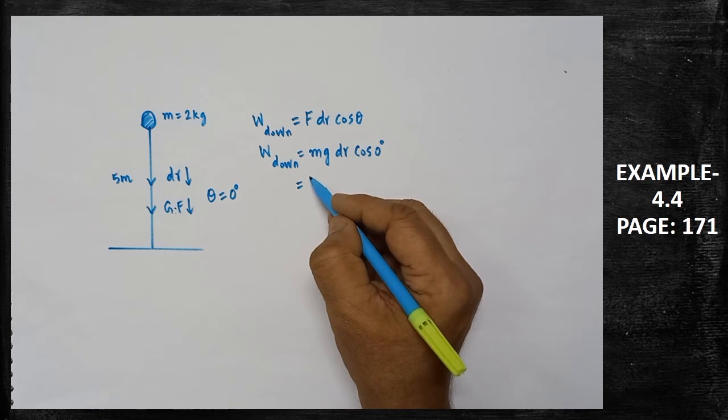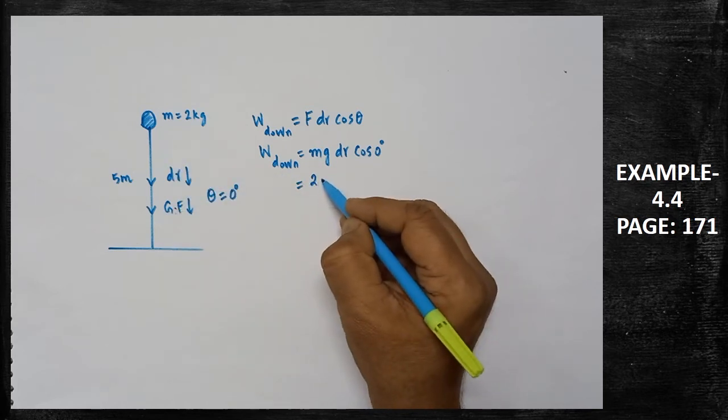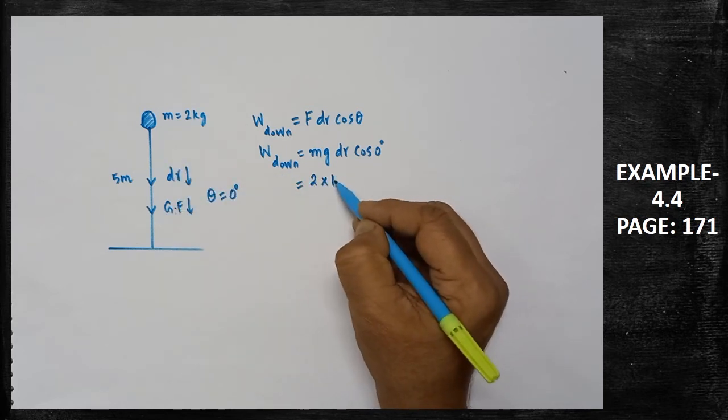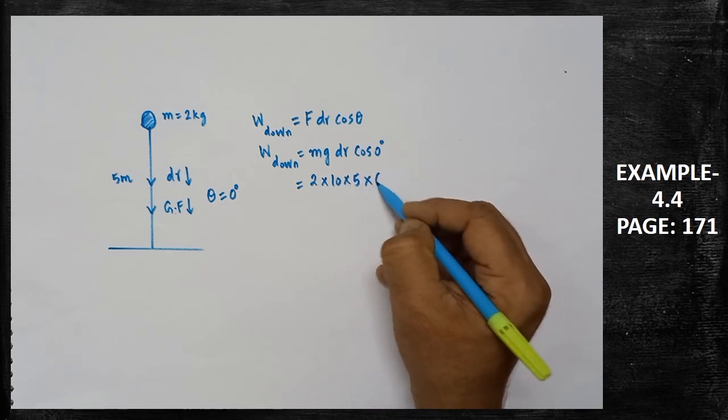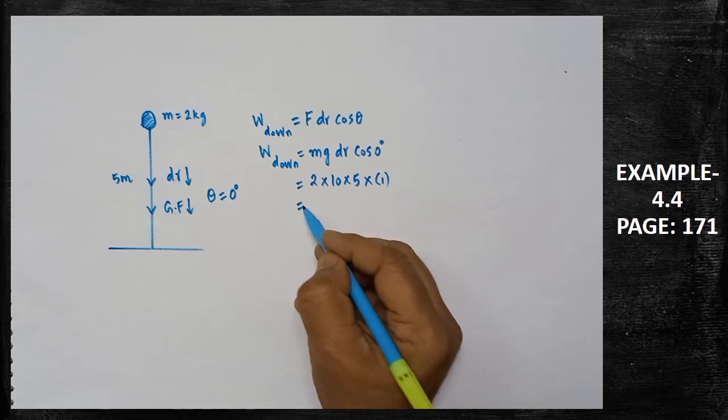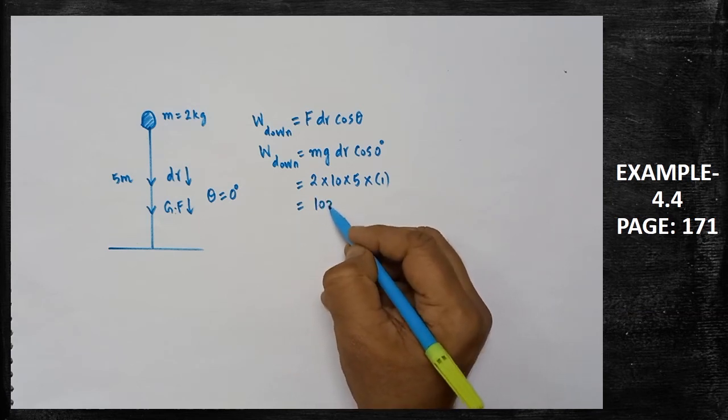The mass of the object is 2 kg and the g value is roughly taken as 10. Displacement is 5 meters. After substitution, you will get the answer as 100 joule.